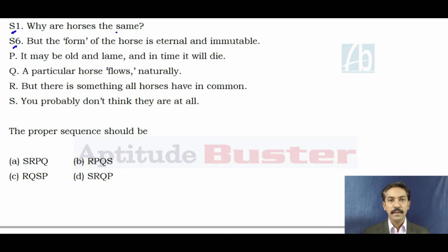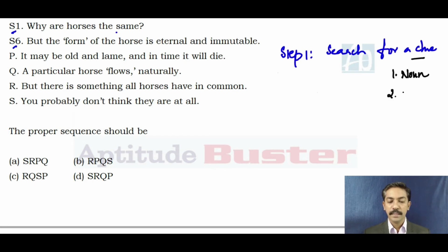First read them and try to find any clues. Step 1 is to search for a clue. This clue could be a noun or it could be the sentence structure. I will give you all these details as we proceed, because this is something which anyone can pick up. First step is to search for a clue.